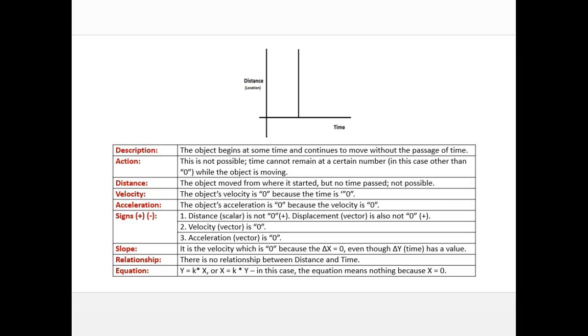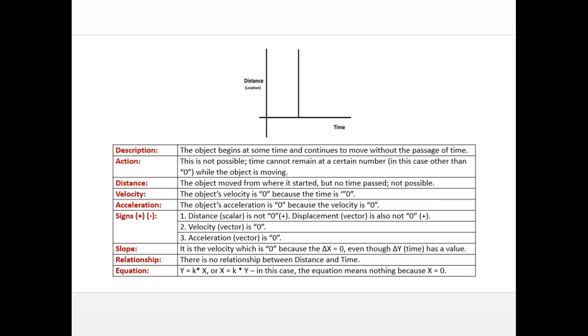The object's velocity is 0 because the time is 0. The object's acceleration is 0 because the velocity is 0. Alright. The slope is obviously the velocity, which is 0 because the change in x is going to be 0, even though the change in y, or the change in time, has a value.